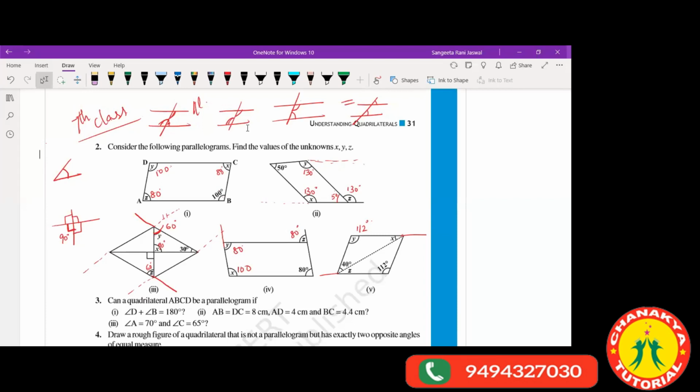Yes, ma'am, in the fifth one of the second question, x is 40. No, this is 40, no? See, I'm making a transversal here.